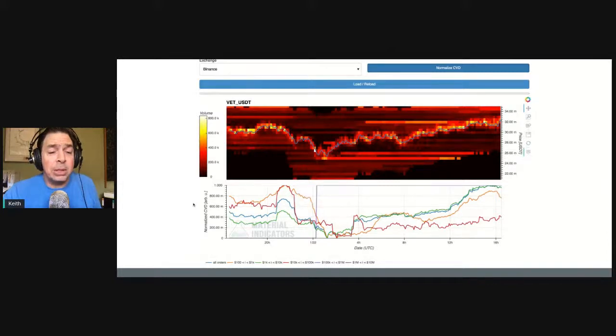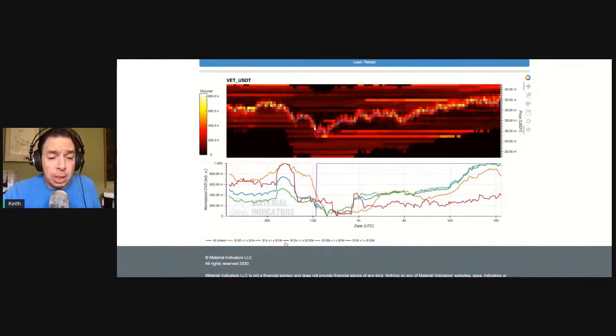The red class, which is the $10,000 to $100,000 class, I like to call those sharks. They had a big sell-off here. Now, note how this little bit of plunge protection came in here. I'm going to turn off this price tag tool so it's easier to see. Notice this little bit of plunge protection came in right here, and we got a bounce, right? It was like a short hop. And that was the first set of signals.